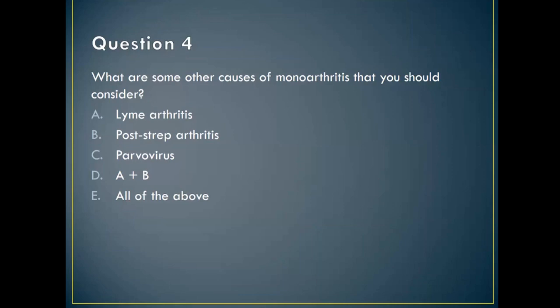And then it swells up again a few weeks or months later, and then it resolves. Usually the second or third time it swells up, the parents bring the child in, and when we hear that history of episodic swelling, we suspect Lyme arthritis. Post-strep arthritis is a little different.